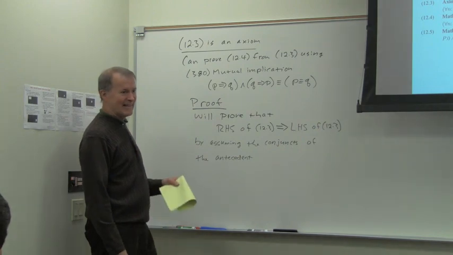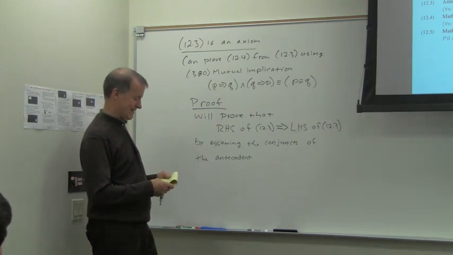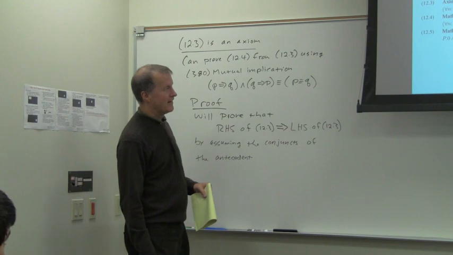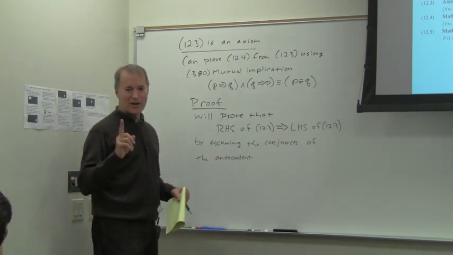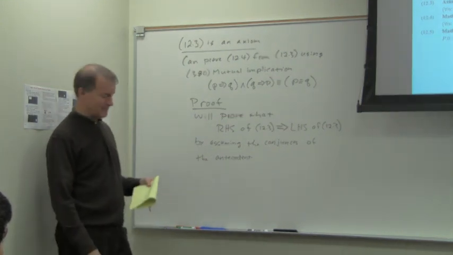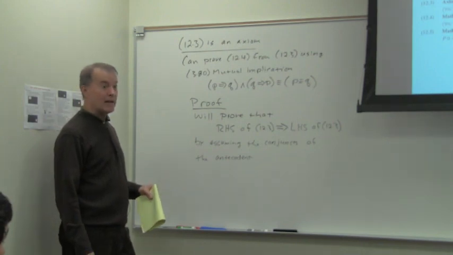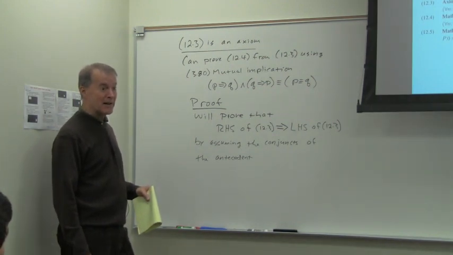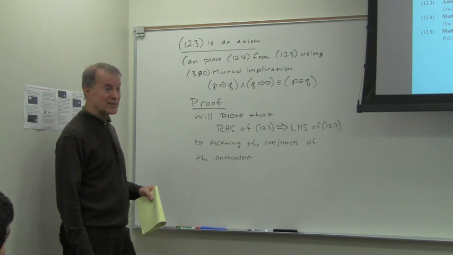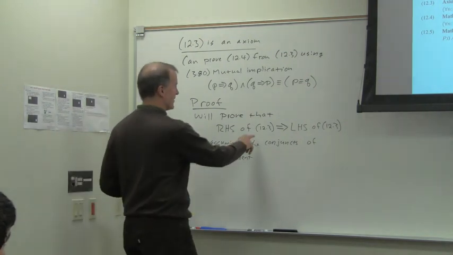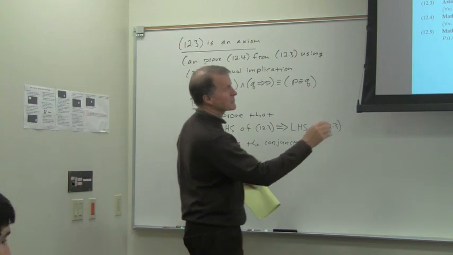Could you also assume every one of them? Yeah, but we only need to assume one of them in this next step. Which one? p.n. And what do we know about p.n? True. It's true because it's one of the conjuncts. We're assuming here the right-hand side of 12.3. What is the right-hand side of 12.3?